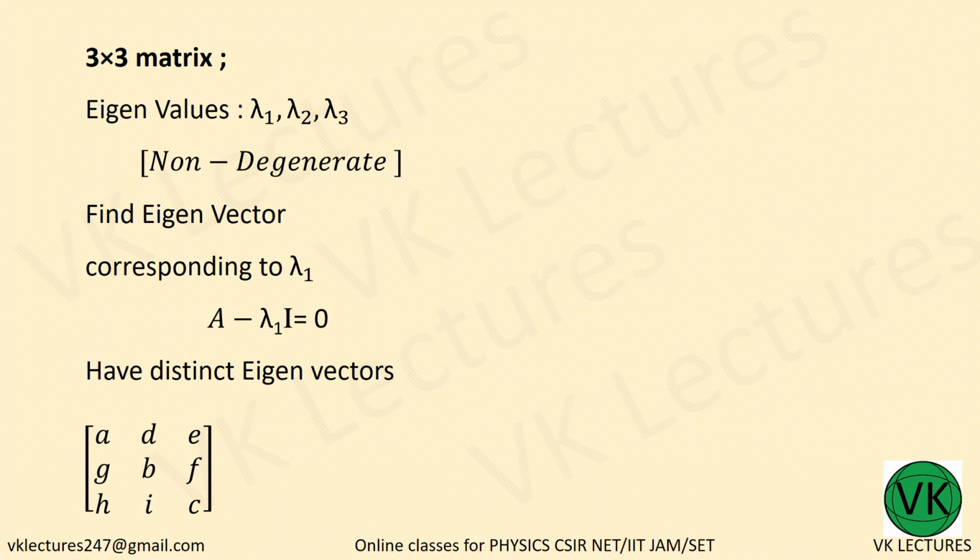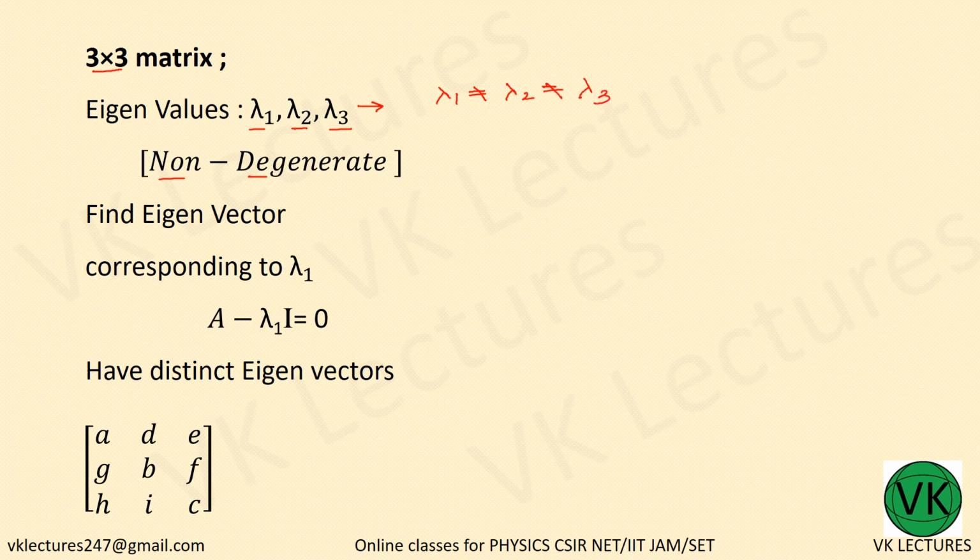For a 3 by 3 matrix, assume that lambda 1, lambda 2, lambda 3 are the eigenvalues and they are non-degenerate. What do you mean by non-degenerate? Lambda 1 not equal to lambda 2 not equal to lambda 3.